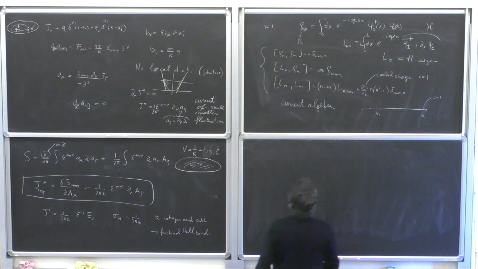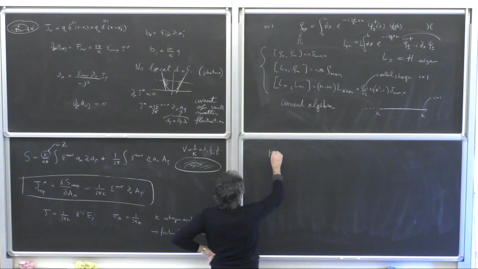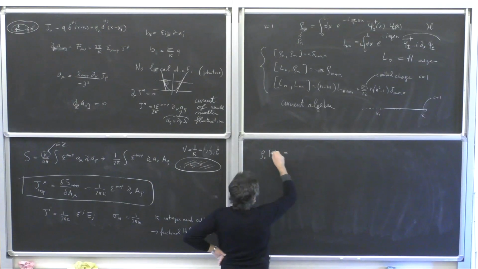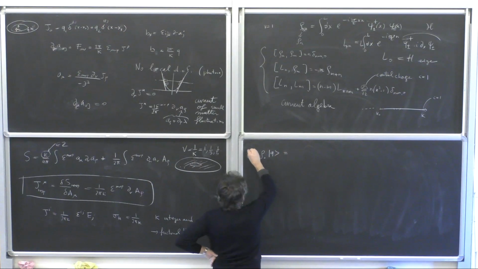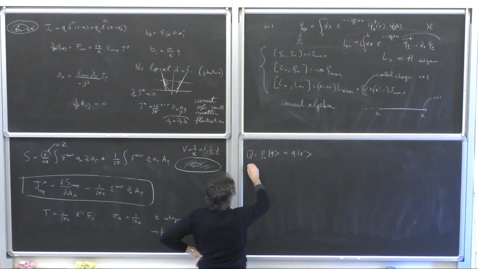In particular, you have a charge excitation, which will be the eigenvalue of a charge, rho naught, this is a charge, and energy.